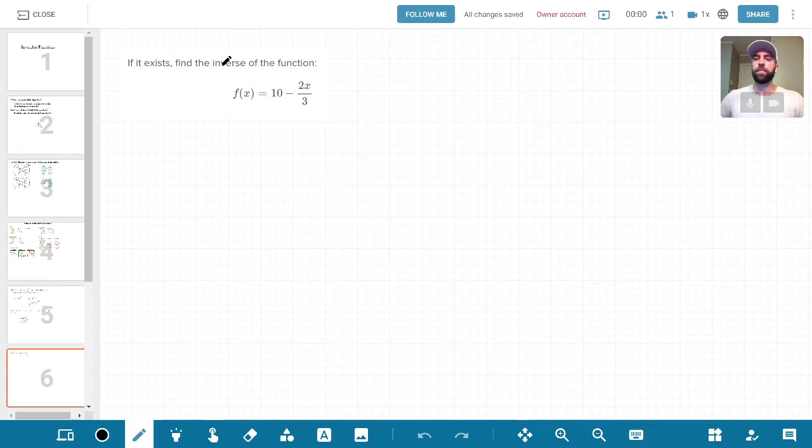If it exists, find the inverse of the function f of x equals (10 minus 2x) over 3. Alright, let's assume this is y and swap the values. So we would get x equals (10 minus 2y) over 3.